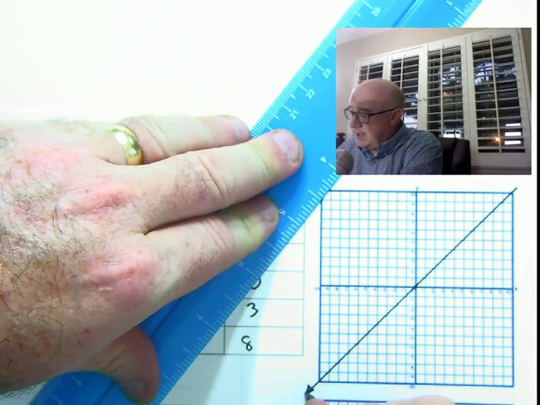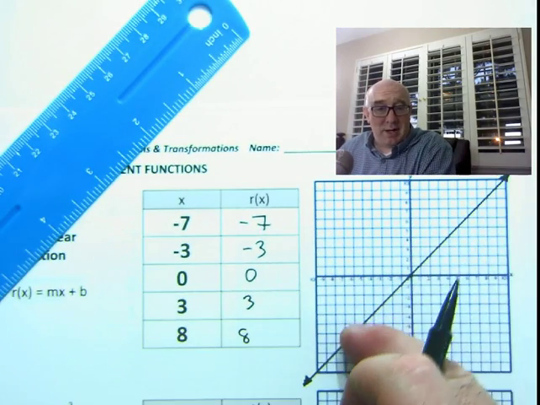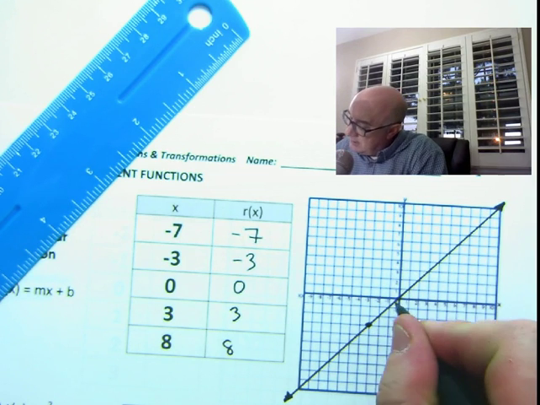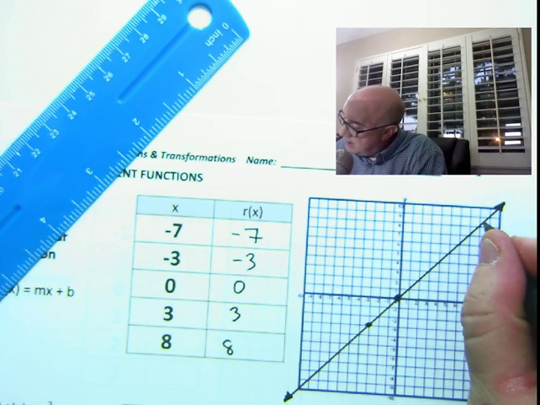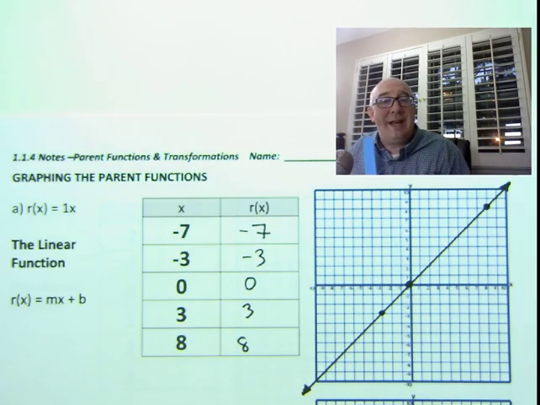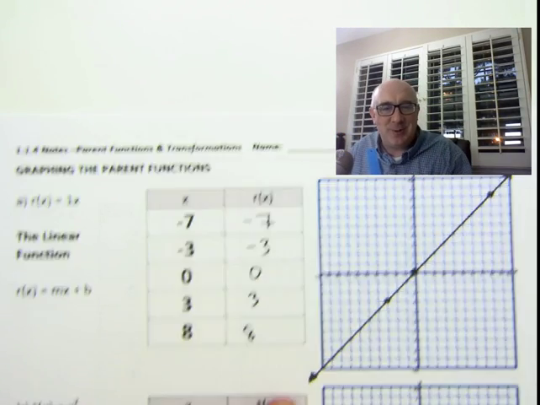To do this, I know where to draw the lines, but you could have plotted any of those, and they're all along here. Here's the -3, -3, here's the 0, 0, here's the 8, 8, and so on. But this is called a linear function, and it's the most basic one. Slope of 1, intercept of 0, and then we can go into the business of tweaking and twisting and changing all those things.